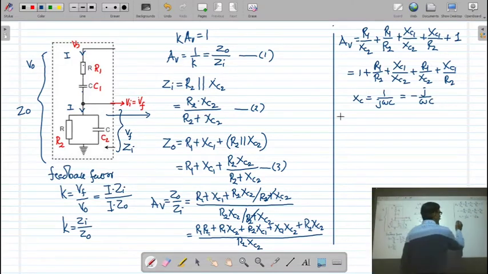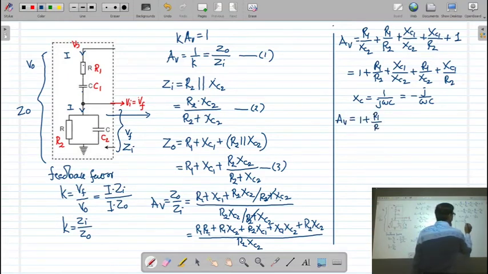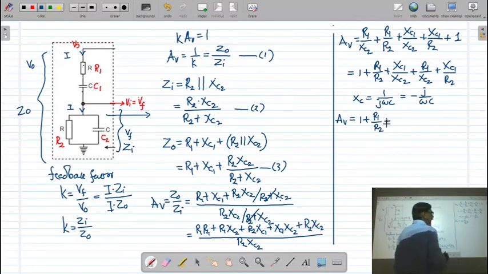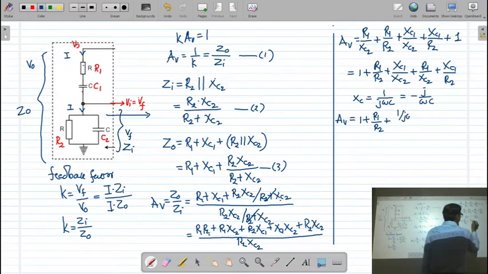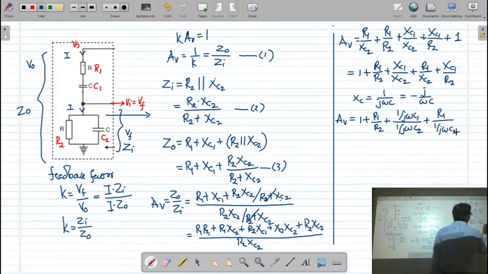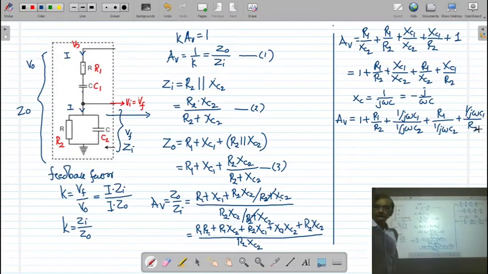And therefore the gain of the amplifier AV comes out to be 1 plus R1 by R2 plus 1 upon j omega C1 divided by 1 upon j omega C2, plus R1 divided by 1 upon j omega C2, plus 1 upon j omega C1 divided by R2.